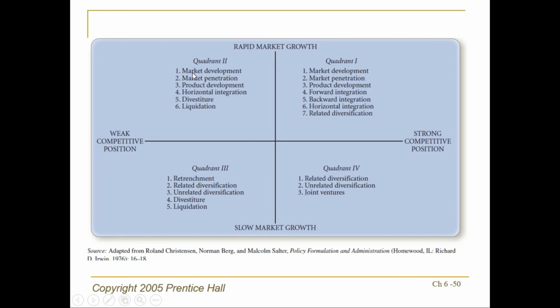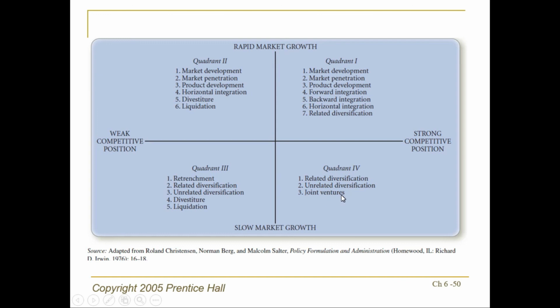In quadrant number 2: market development, market penetration, product development, horizontal integration, divestiture and liquidation policies. Quadrant number 3: retrenchment, related diversification, unrelated diversification, divestiture and liquidation. And in quadrant number 4: related diversification, unrelated diversification and joint ventures.